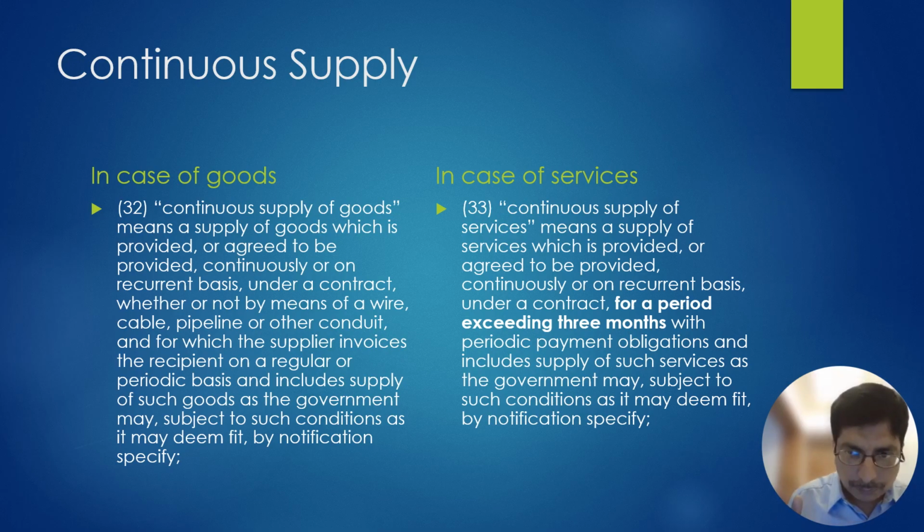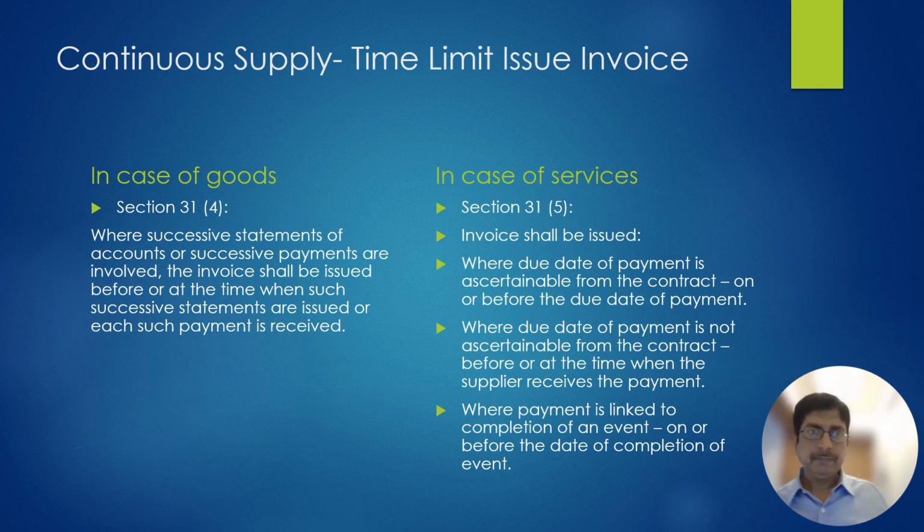For continuous supply of service, let's take an example that a chartered accountant filing the returns of a client for more than 3 months is a continuous supply of service. So the time of supply provisions are different for continuous supply of goods and continuous supply of service. Let's see what it is.